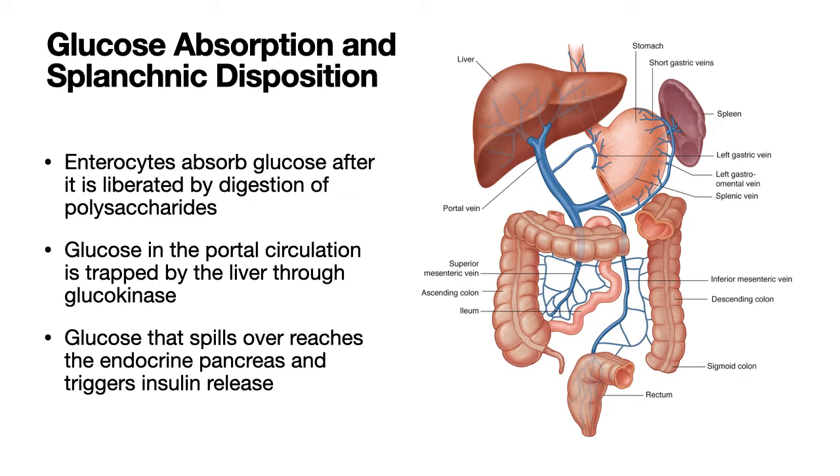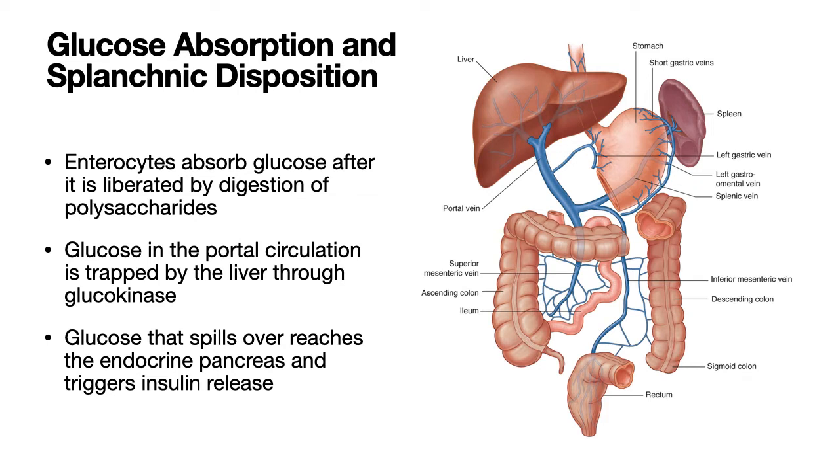So again, splanchnic refers to the terminal part of the esophagus, the stomach, the small intestines, the large intestines, and the solid organs such as the liver, the spleen, and the pancreas.